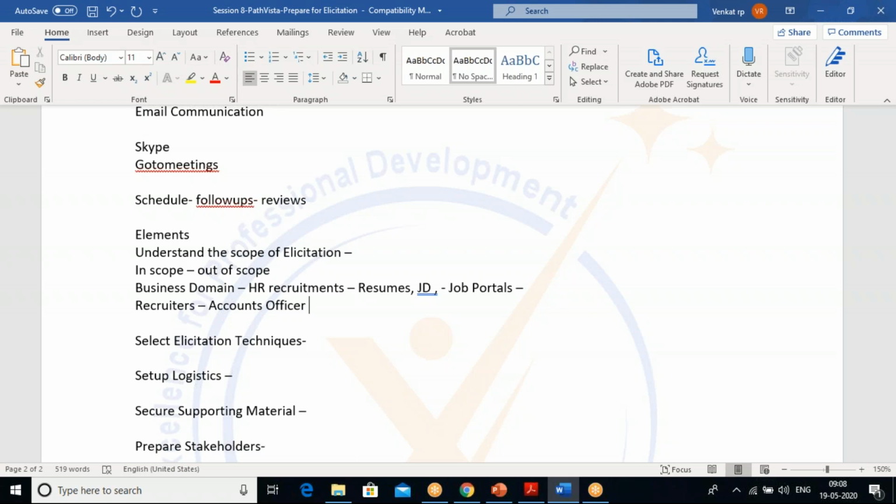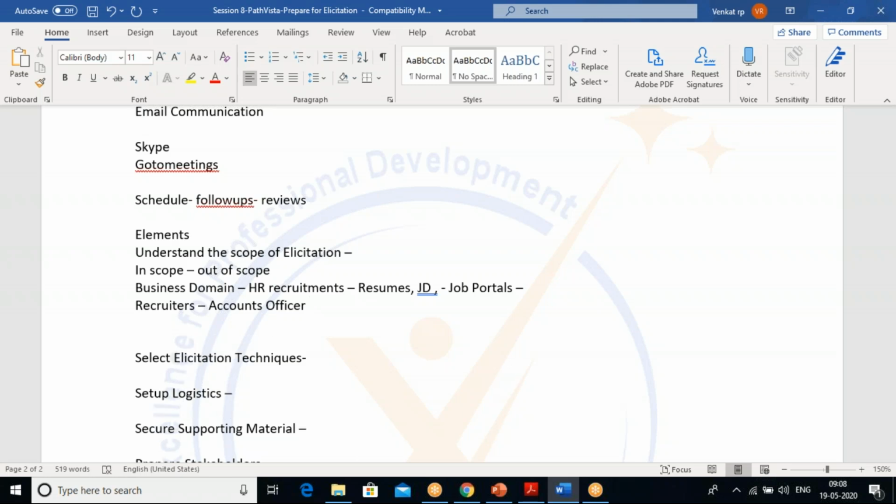So basically, I have gone point wise. There is a possibility of manual errors by the recruiter, who may have missed updating a timesheet or something like that, or vice versa with the account officers as well. So there should be a proposed system that can handle that.